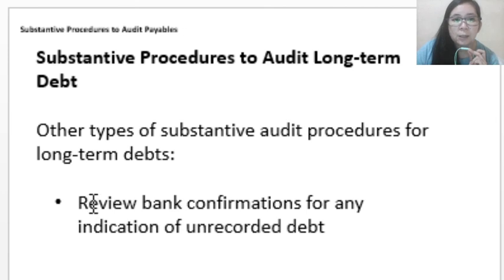Next, the auditor can also review the bank confirmations for any indication of unrecorded liability. From the bank confirmation, for example, if the entity made a loan from the bank, the auditor can determine if these transactions were recorded in the books.